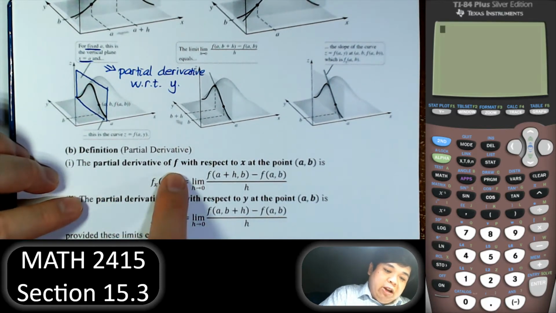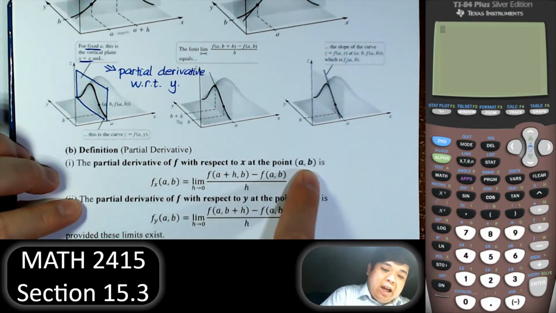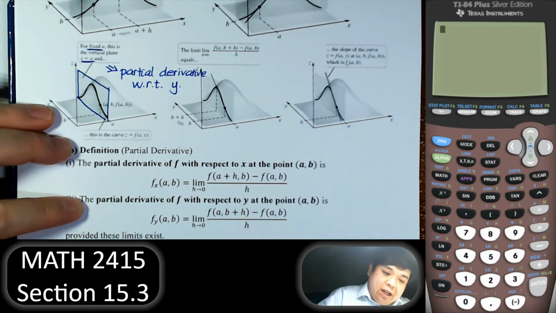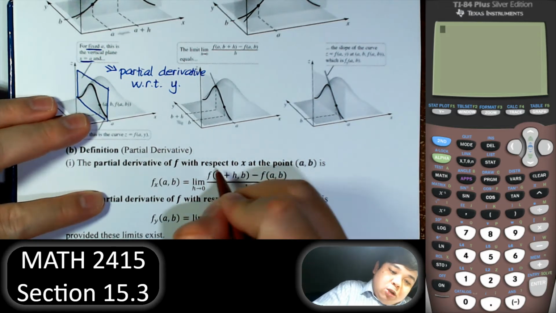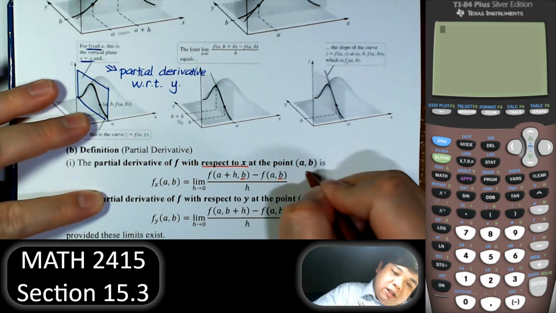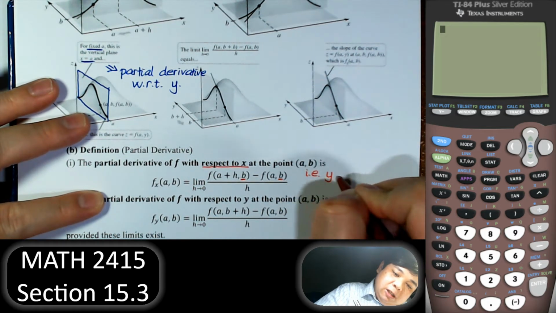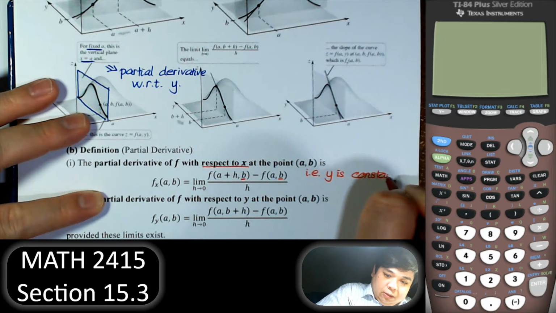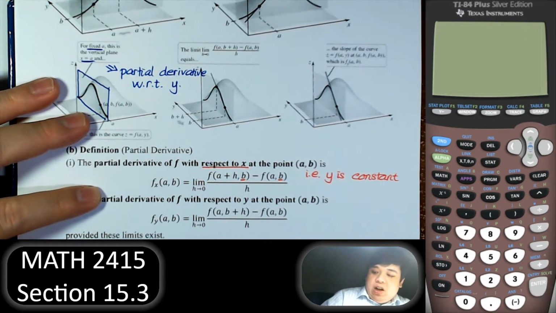Now the proper definition. The partial derivative of f with respect to x at the point (a, b) is given like that. So once again, this is with respect to x, so we're going to keep y as a constant. And we treat y as a constant.